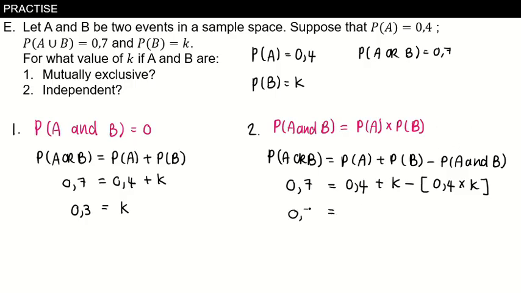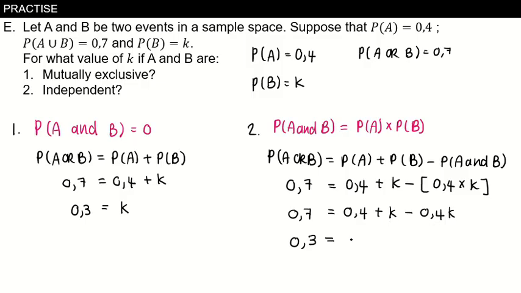Let's simplify. 0.7 is equal to 0.4 plus K minus 0.4K. Let's take all the numbers to one side, all the K's to the other side. If I subtract 0.4 from 0.7, I get 0.3.